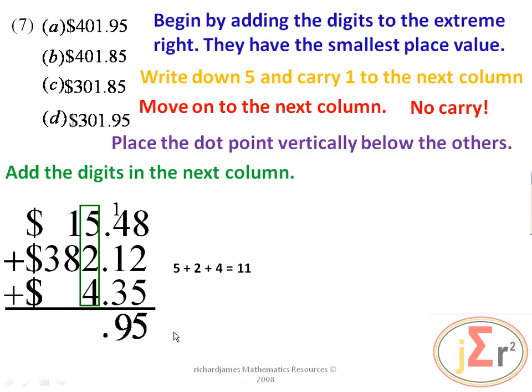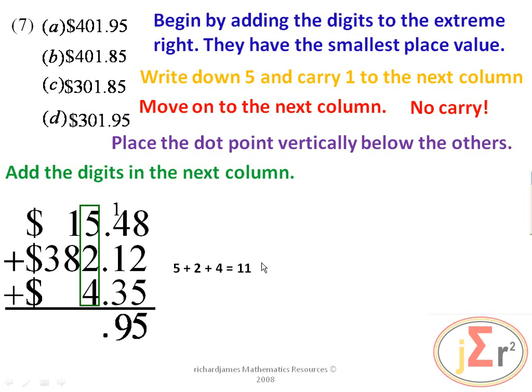So we have 5 plus 2 plus 4, and that is equal to 11. What do we do? Put down the 1 and carry the 1. Right. We put down 1 and carry 1. And because both digits are 1s, some students may be at a loss as to say, which one do we carry? We carry the digit of greater significance, or the one that has the greater place value.